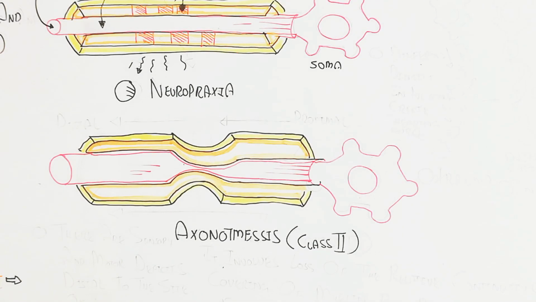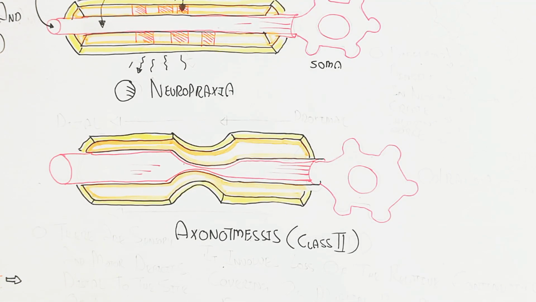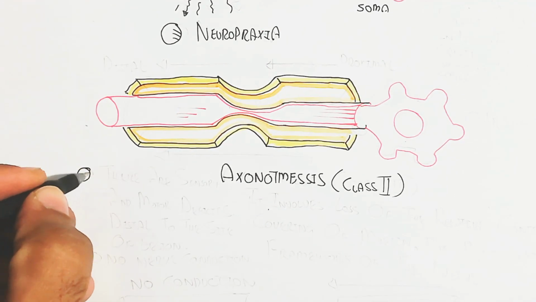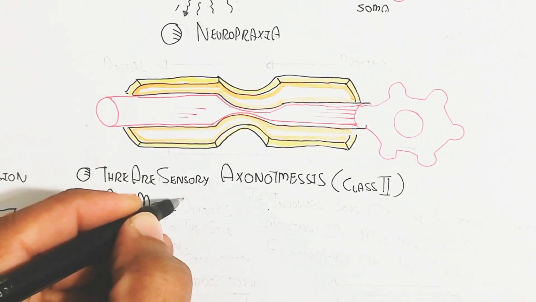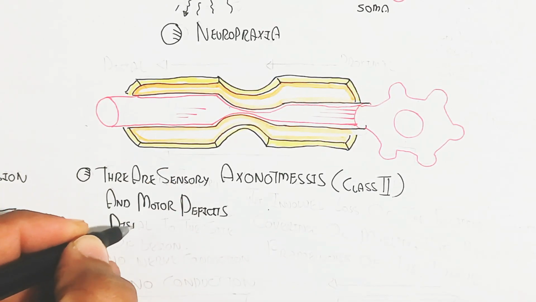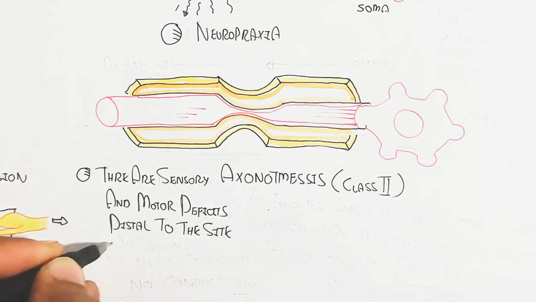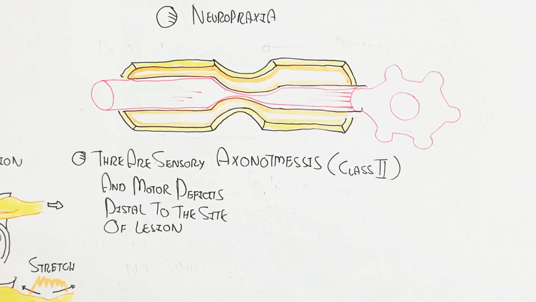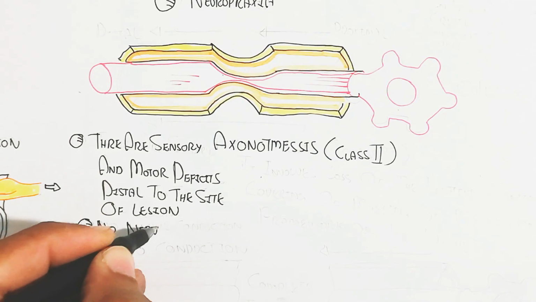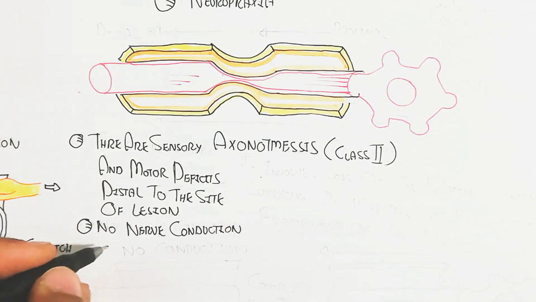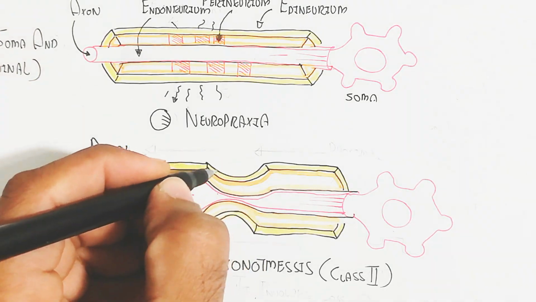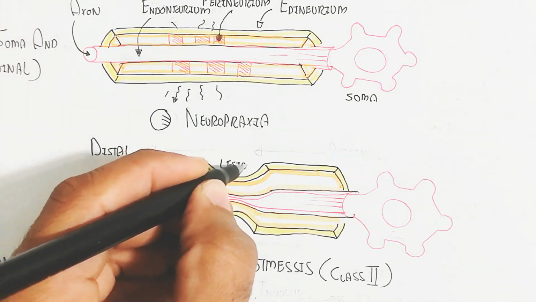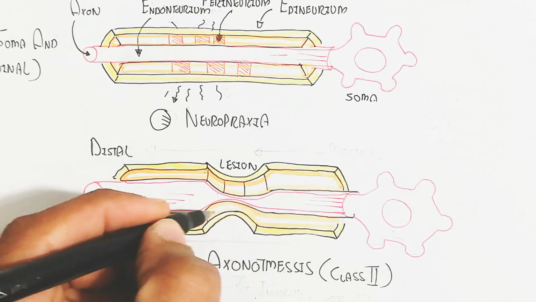Next is axonotmesis, which is class 2. In this way there is a bulge in the neuron, which leads to a lesion, and that is why conduction becomes impossible.